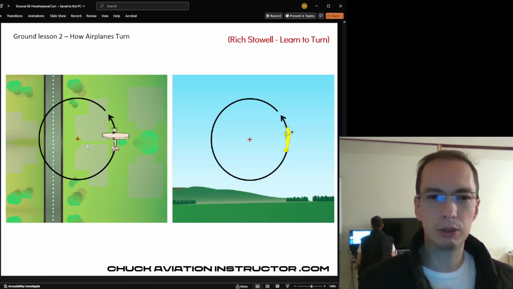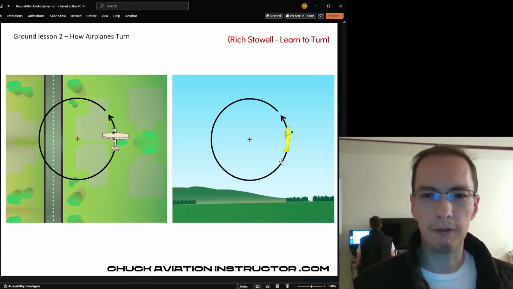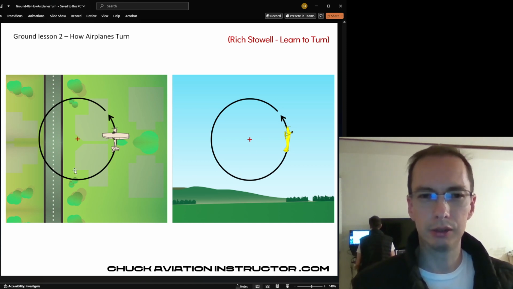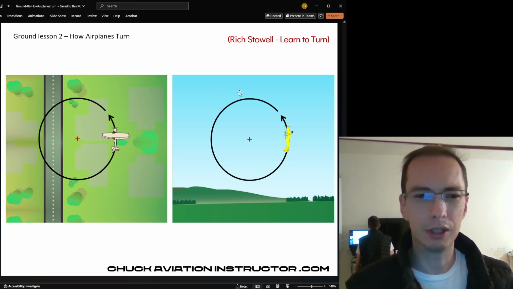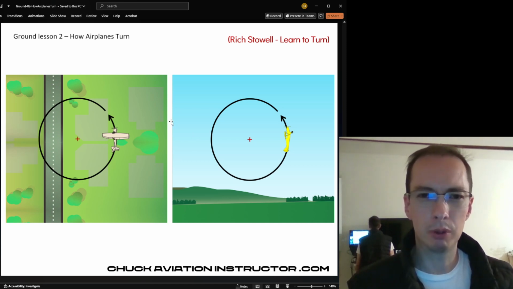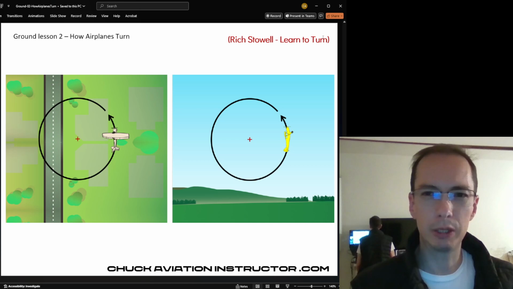This is a better picture of how a vertical turn is also a horizontal loop, or vice versa. Turns and loops are synonyms. For more information on that, I highly recommend Rich Stoll's Learn to Turn booklet, which you can find on communityaviation.com or richstoll.com.